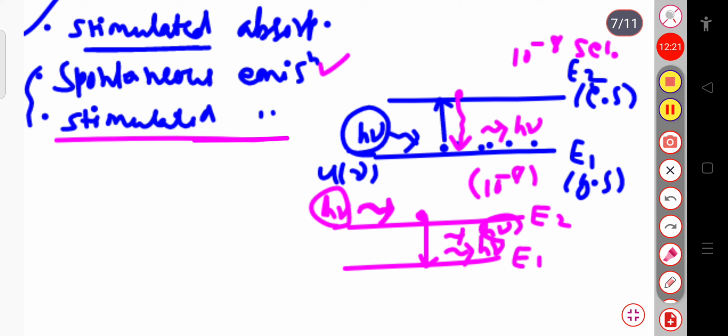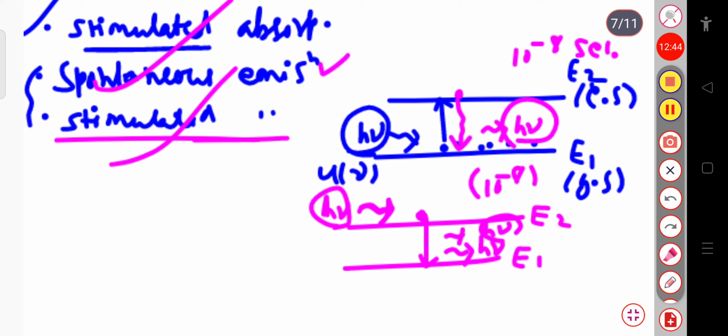In case of spontaneous emission, no additional energy is given, so only one photon of energy h nu is released. And you can see that both spontaneous as well as stimulated emission are downward transitions.